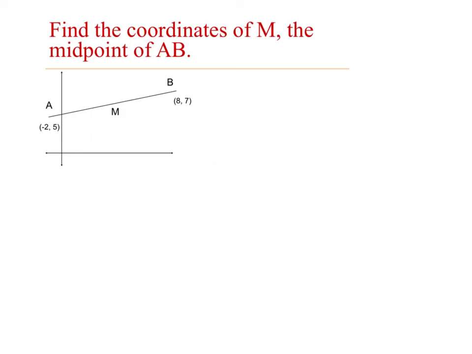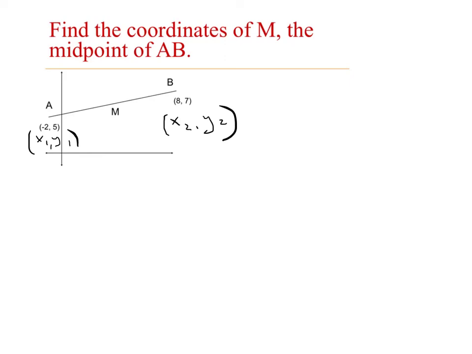A lot of times what I do first and foremost, to remind myself and to never make any mistakes, is call the first coordinate x1, comma y1, and the second coordinate x2, comma y2. Now, you don't have to do this, but if you get a little bit confused, and especially when you're looking at other things such as slope, sometimes this will help you.